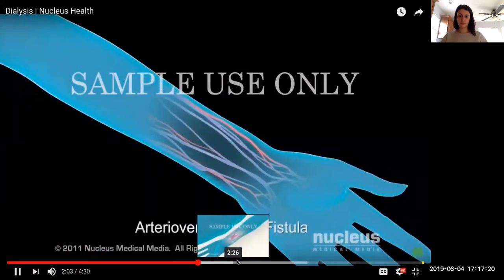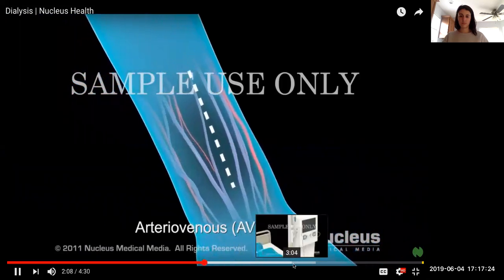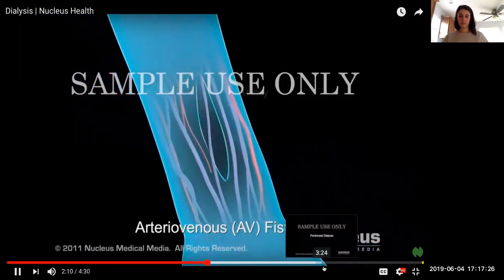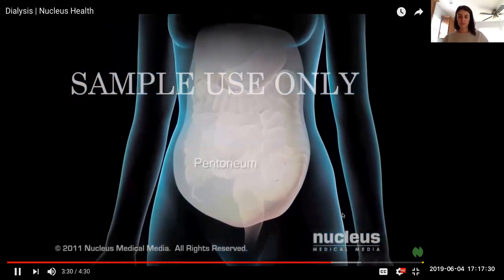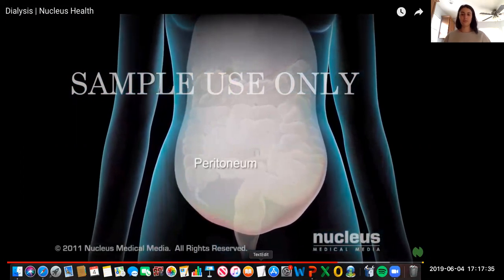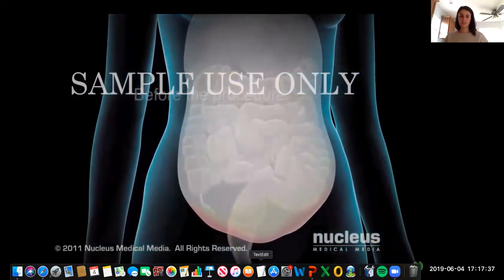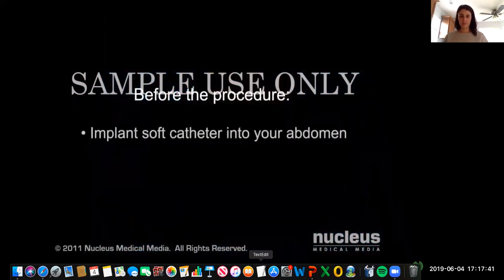To create an arteriovenous fistula, your surgeon will make a small incision in your skin and connect an artery with a vein. The doctor will use the membranes lining your abdomen, called the peritoneum, to clean your blood without removing it from your body. Before you begin peritoneal dialysis, you will have an operation to implant a soft tube called a catheter.